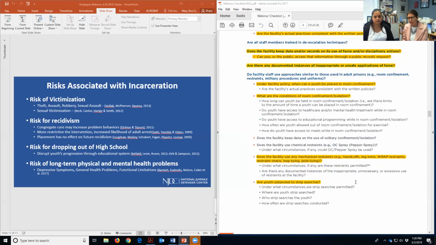And I think as our courts are considering the risks to public safety, they have to be thinking about the risks of what we're doing to our young people as we use things like mechanical restraints and wrap restraints and strip searching. In our advocacy, we don't think many decision makers are aware of the frequency of strip searching, the frequency of using mechanical restraints on young people, the frequency of even shackling practices as they transport youth from a facility to the court system.